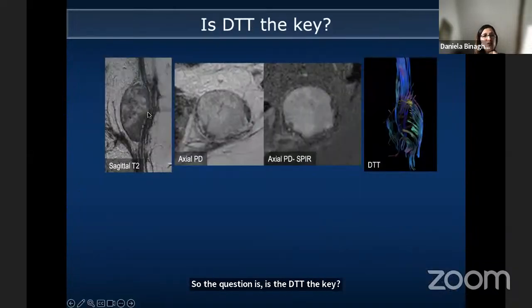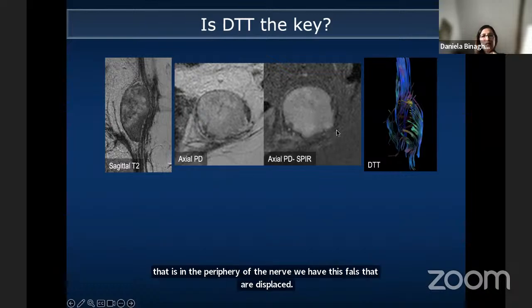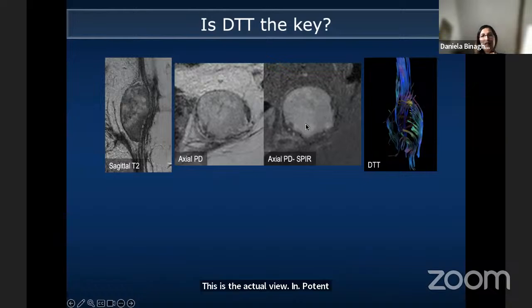And I want to show you two cases. In this case, we have this enlargement that is in the periphery of the nerve. We have these fascicles that are displaced. This is the axial view in proton density and proton density with SPIR or FAT-SAT. And we could see the DTT with displacement of the nerve.